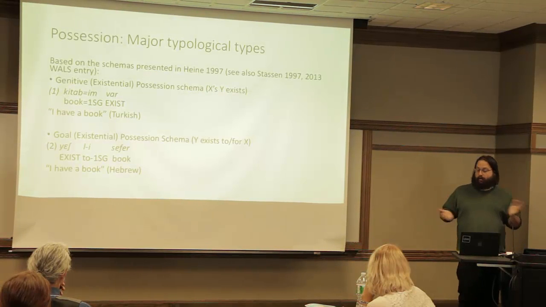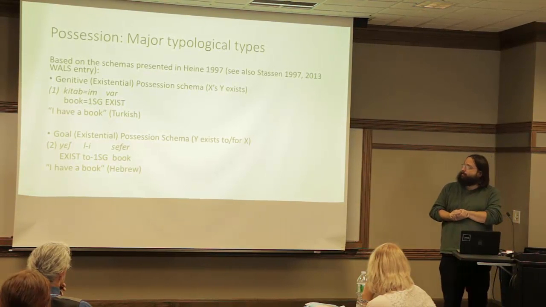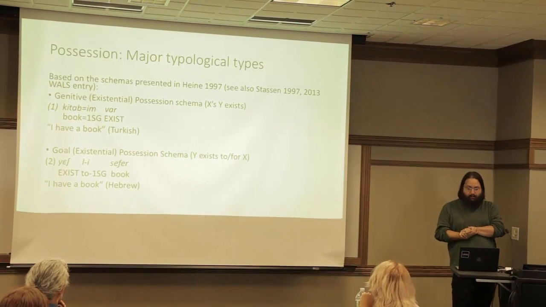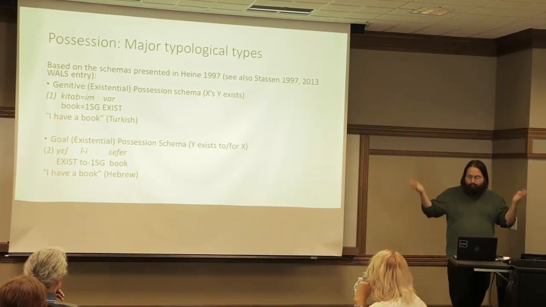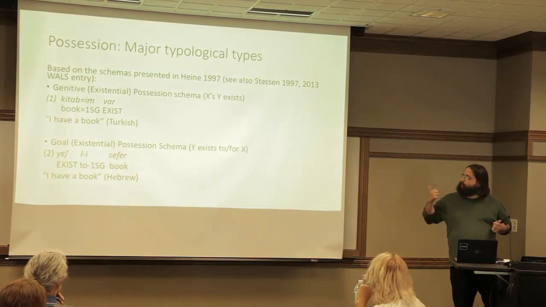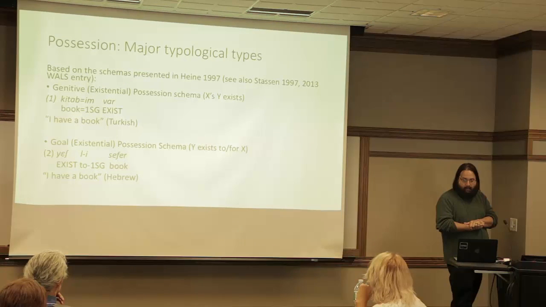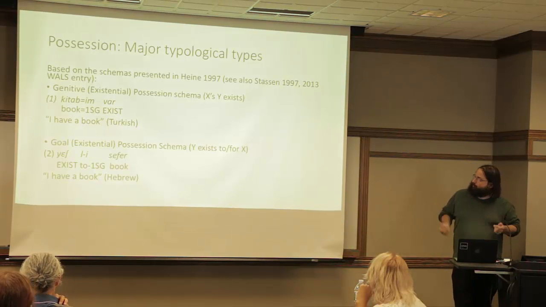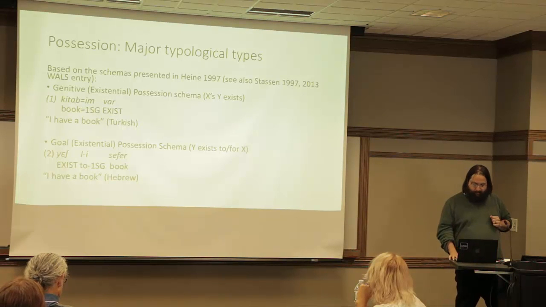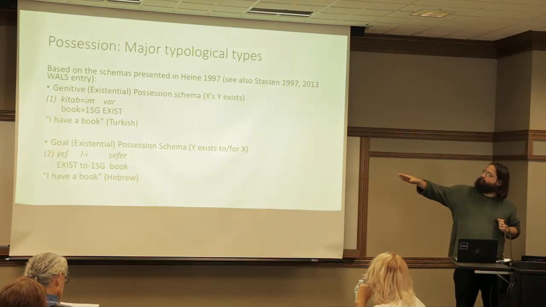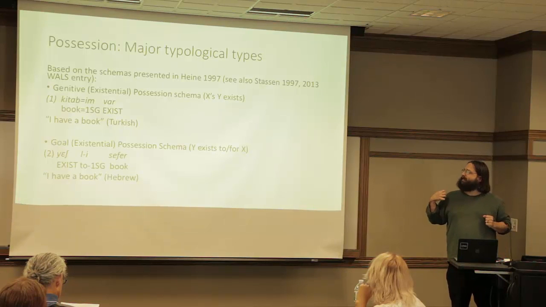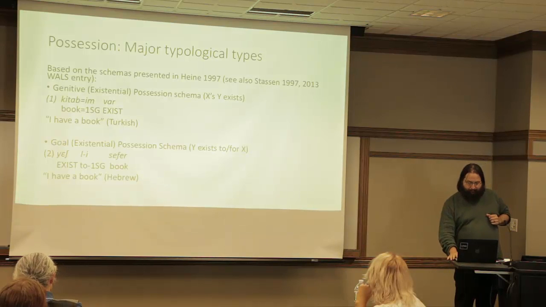Going over some major typological types, there is what Heine calls the genitive existential possession schema, which is common in Turkic and is found in Turkish and Azeri. There is the goal existential schema, for which I gave an example from Hebrew, where the possessor is marked as a goal, usually a benefactive or a recipient.